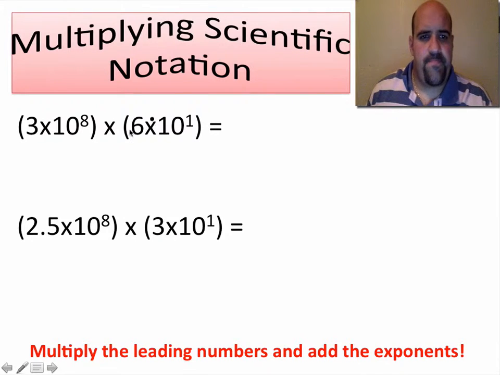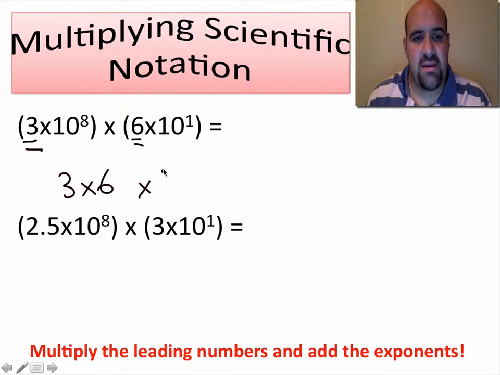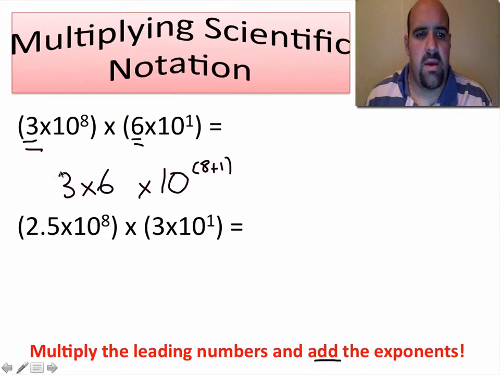Problem number 1. The rule is multiply the leading numbers. So we're going to take these two, the 3 and the 6, and multiply them together. 3 times 6. And we know we always need the times 10 because it's scientific notation. And what are we going to do? We're going to add the exponents. 10 to the 8 plus 1.